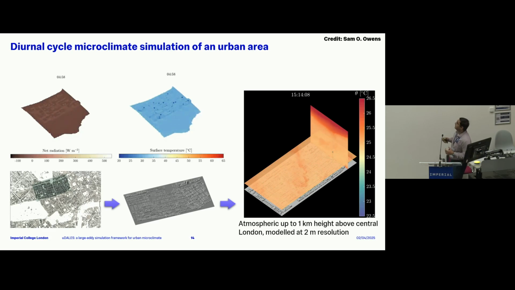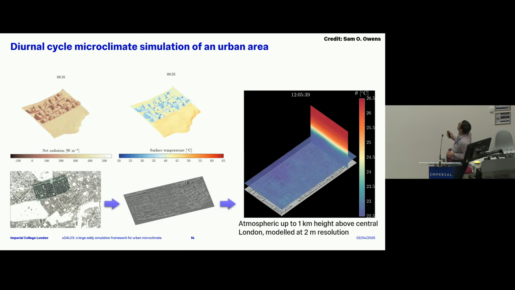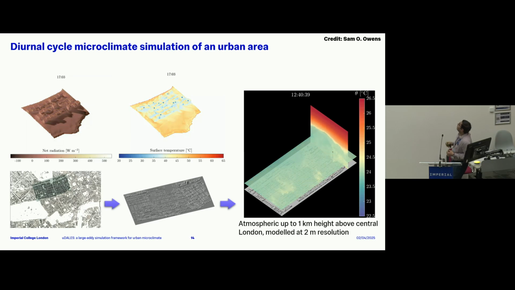To give the scale of this problem, this is around 4 kilometers, so it is around 2,000 points on this side, and on this side it is around 2 kilometers, and then 1 kilometer. So this entire simulation domain contains around 700 million cells, with more than 50,000 surface facets, which makes this a very large-scale problem.